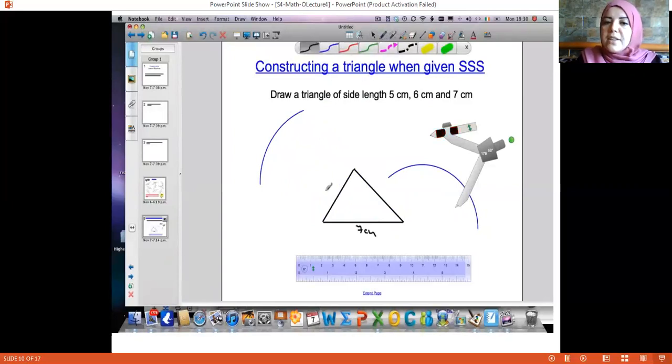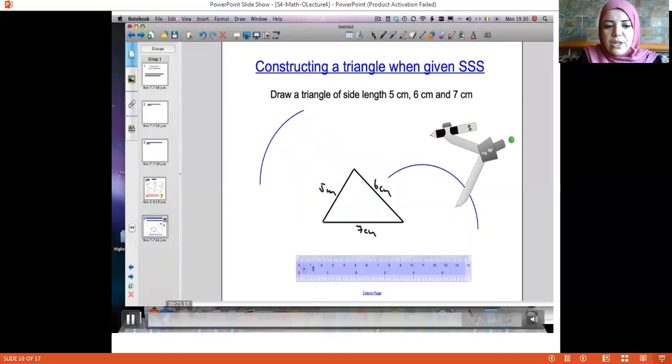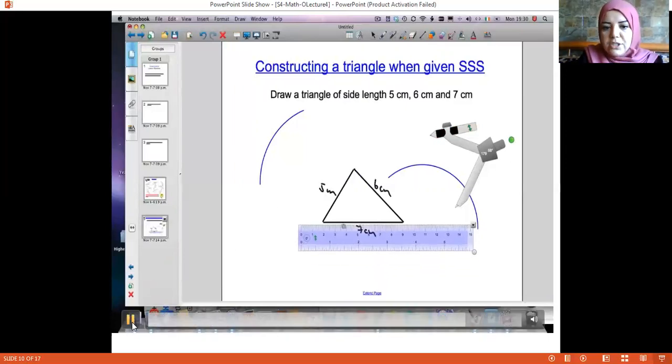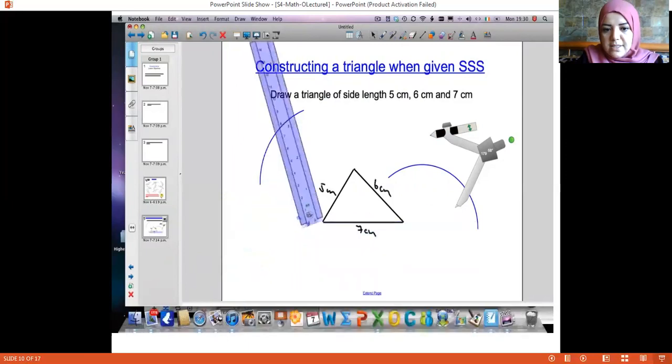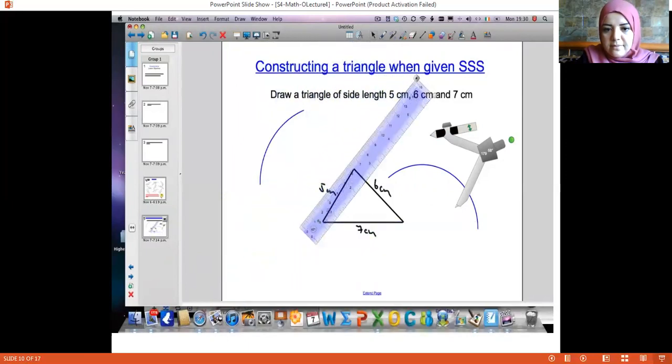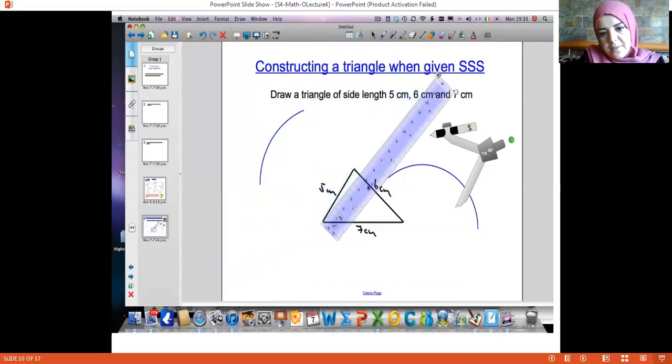Now if you want to check that your answer is correct, this should be 5 and this should be 6. To make sure that your answer is correct, you can use the ruler and measure them. This should be 5 and this should be 6. And that's what they did, actually. They measured it. You can see them. This is 5.